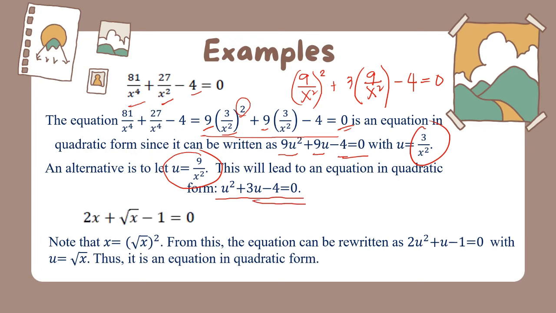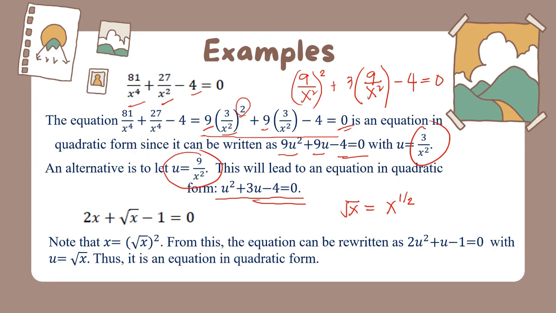For our next equation, we have 2x plus the square root of x minus 1 is equal to 0. Note that x is equal to square root of x raised to 2, since square root of x is equal to x raised to 1 half.